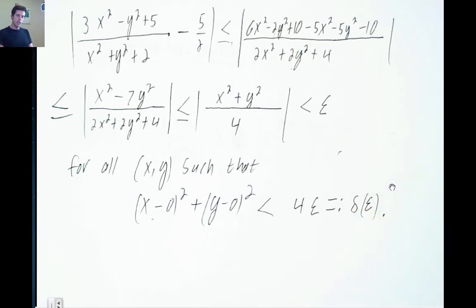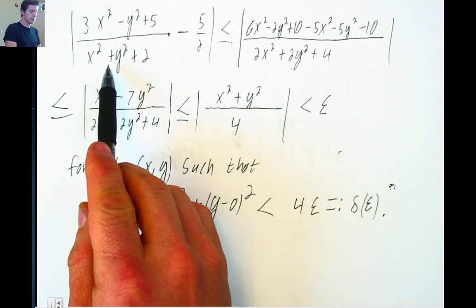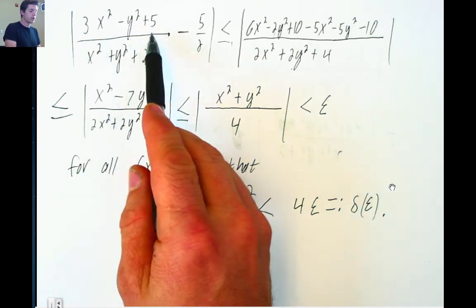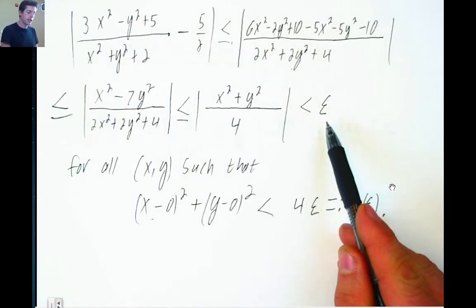Okay, that is to say, there exists some function delta such that whenever the distance between x, y, and 0, 0 squared is less than delta of epsilon, I'm guaranteed that the difference, or distance if you like, between my algebraic expression evaluated at x, y, and 5/2 is less than epsilon.